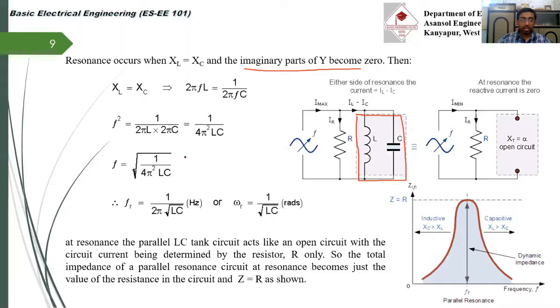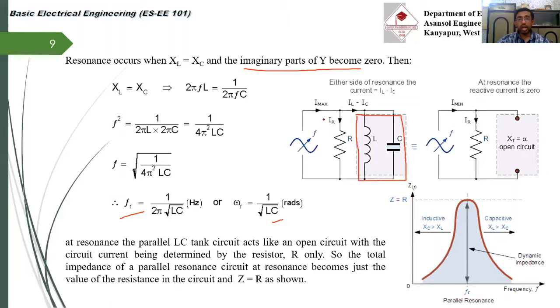So there you can calculate also the frequency. So frequency will be the same, 1 by 2 pi root LC. So this is called the resonant frequency. And if 2 pi is multiplied, then it is called the angular frequency at resonance. That is equal to 1 by root LC radian.